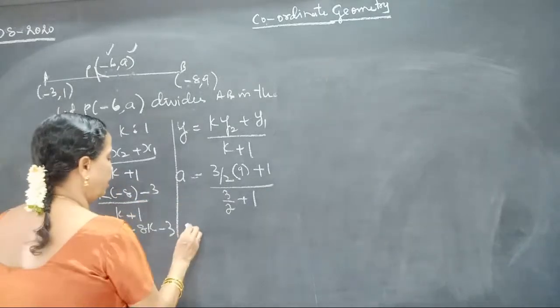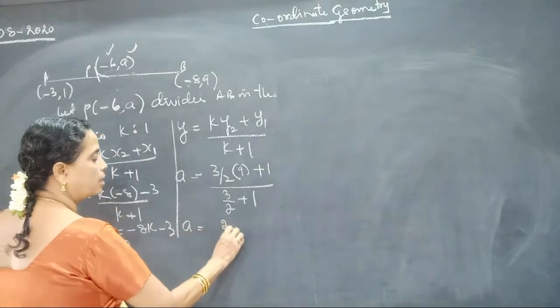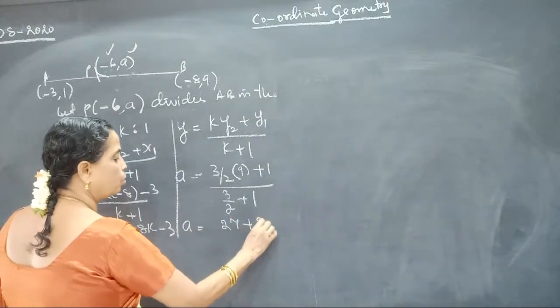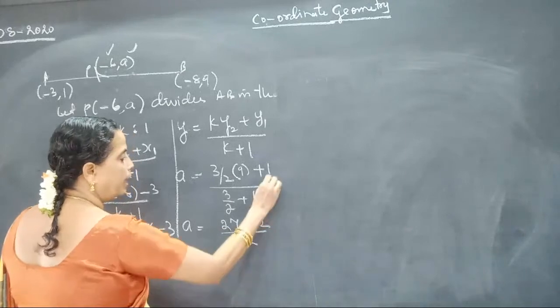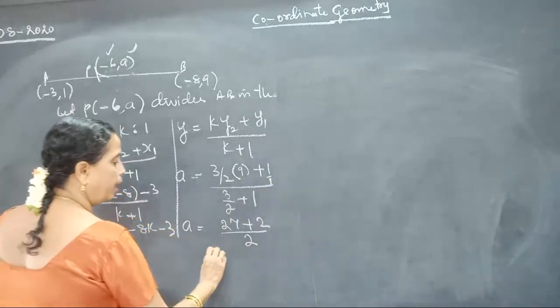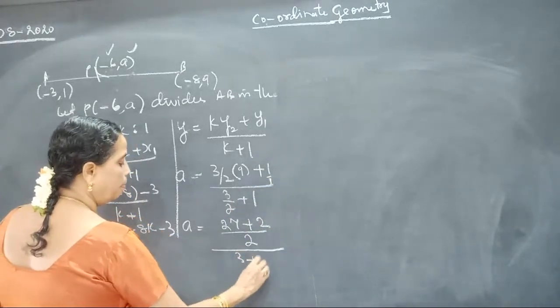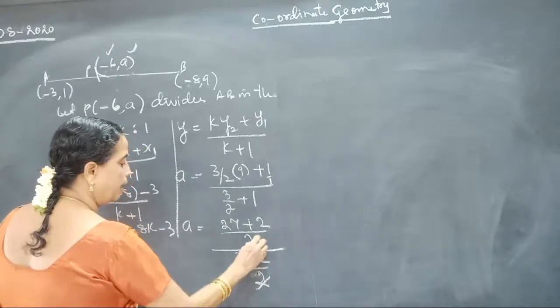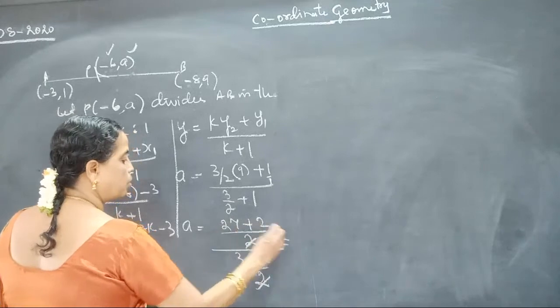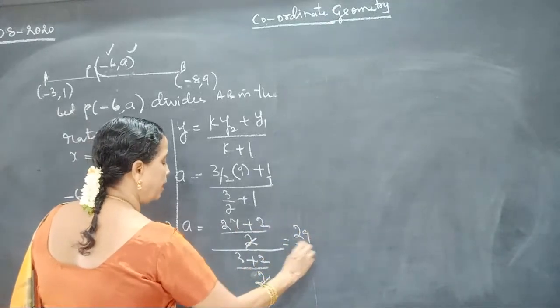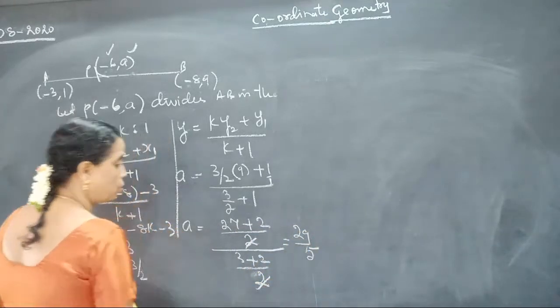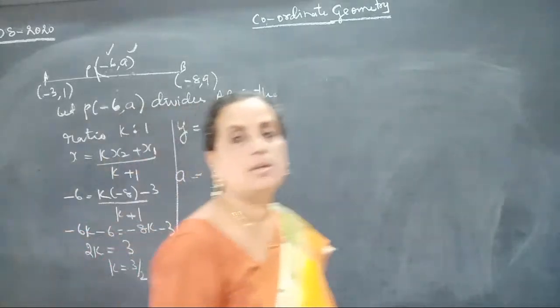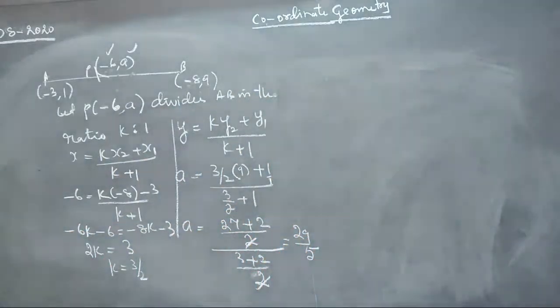What will you get? A equals 9 threes are 27 plus 2 upon 2. Taking LCM I did. Again divided by 3 plus 2 upon 2. Cancelling, you will get 27 plus 2 is 29 by 5. So the value of A is 29 upon 5.